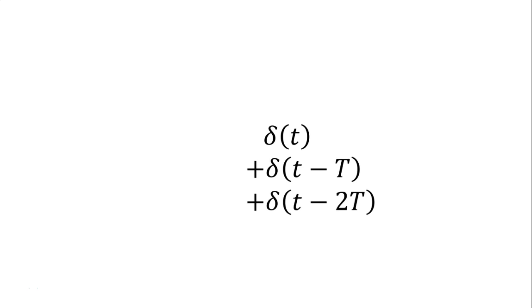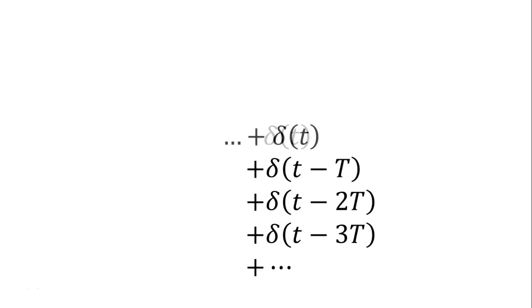Finally, let's consider a single delta of t, to which we add delta of t delayed by capital T seconds, to which we add delta of t delayed by 2 capital T seconds, to which we add delta of t delayed by 3 capital T seconds, etc., all the way to infinite time, and following the same pattern, all the way to negative infinite time.